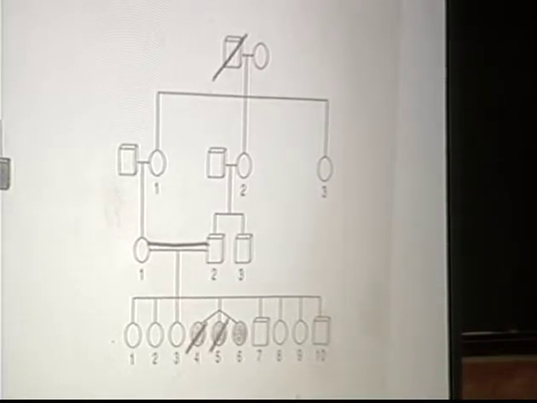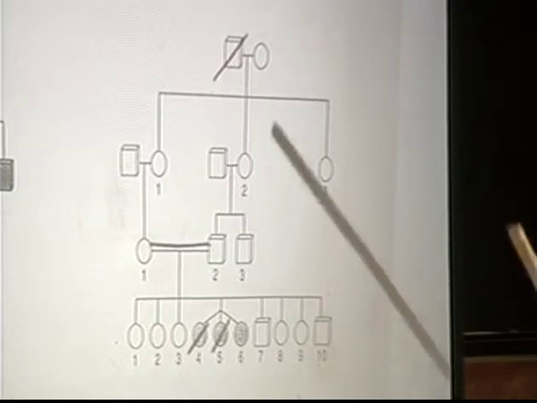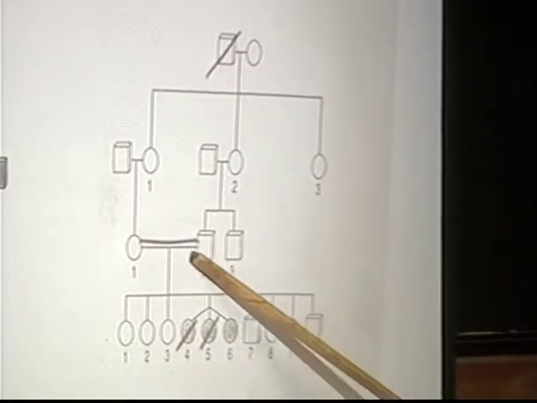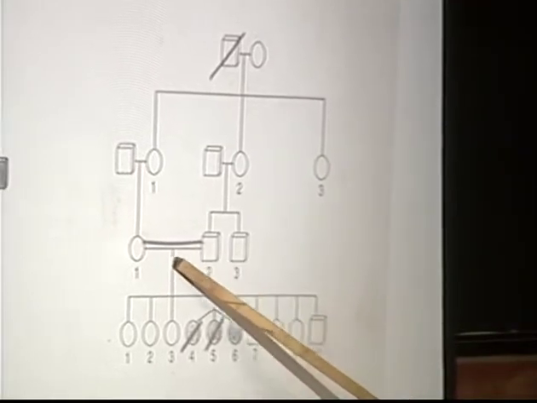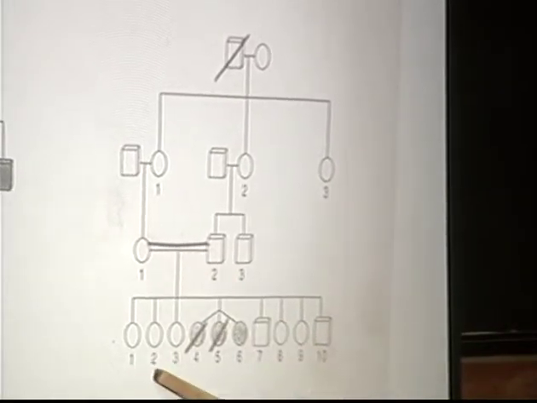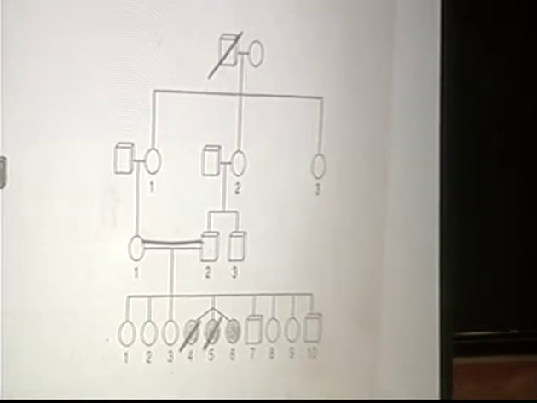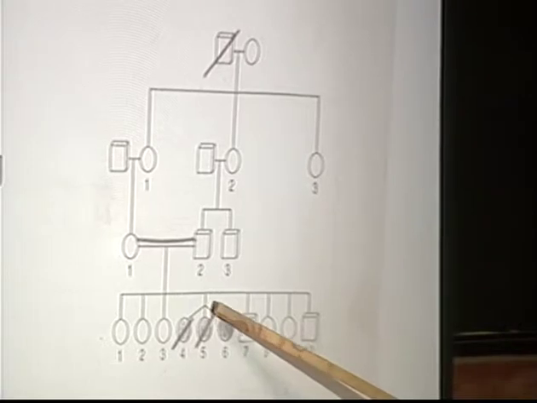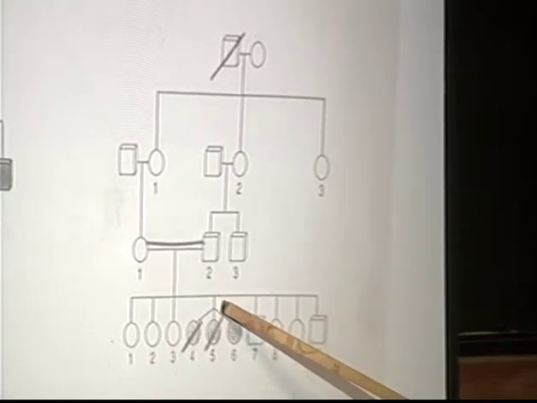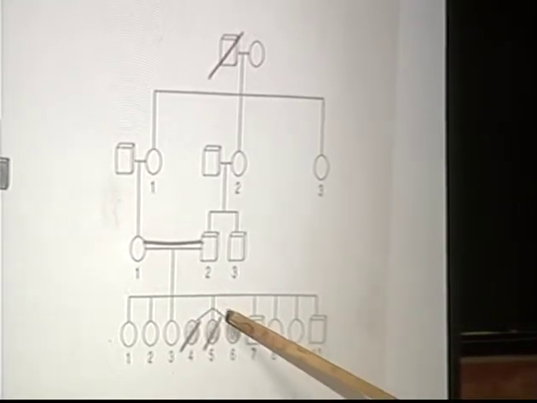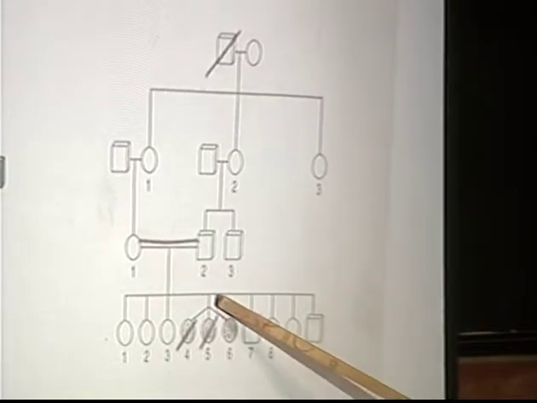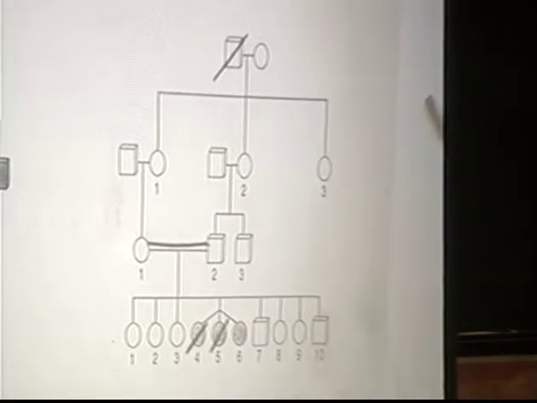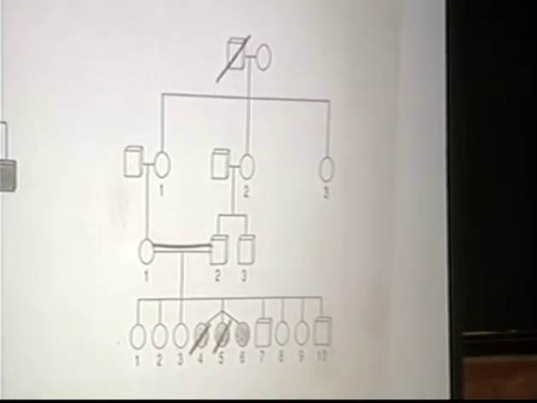You have no sign of the trait until you get this consanguineous relationship, these genetic relatives, first cousins that reproduce. They produce a whole bunch of offspring, and 3 of them show the trait, but those 3 are identical triplets. See that line that comes down and then it splits? That indicates one reproductive event, one zygote that split to form 3, and so these are identical triplets. No wonder they all have the trait.